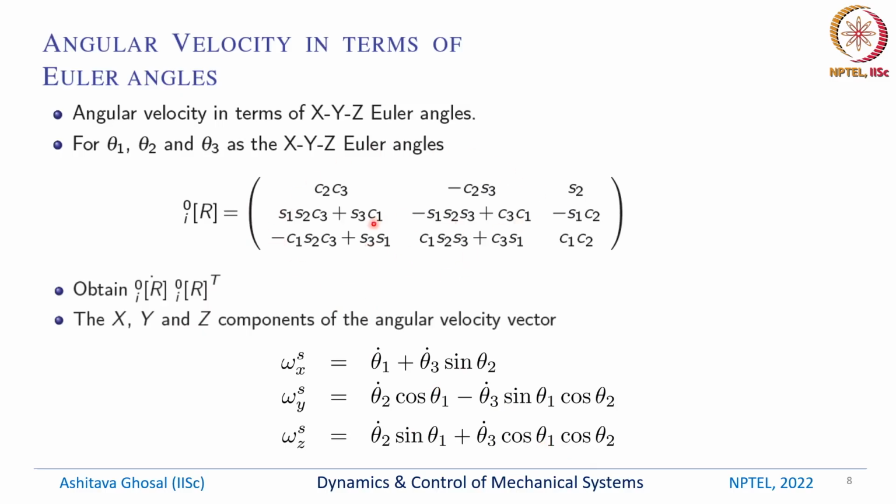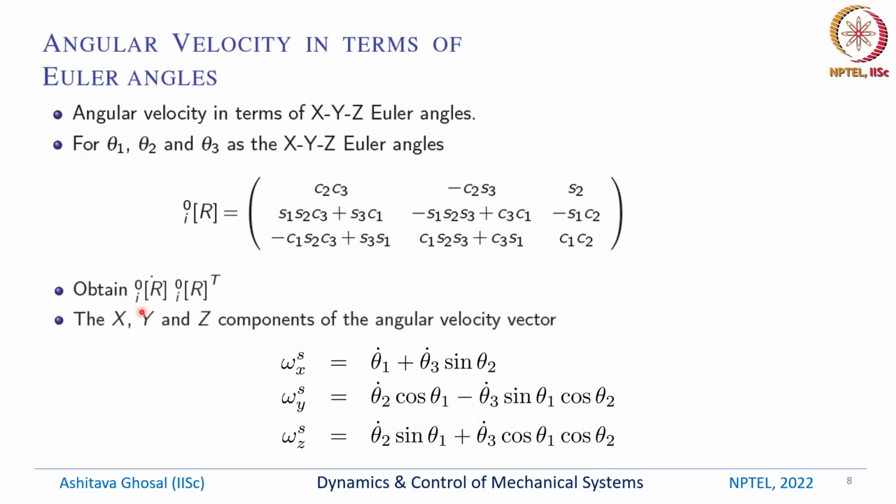You have to take the element-by-element derivative: r11 dot, r12 dot, r13 dot and so on, use the chain rule and introduce theta 1 dot, theta 2 dot and theta 3 dot. We will be left with terms like sine theta 2, cos theta 1 and so on.